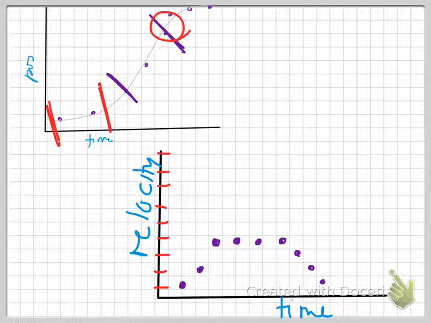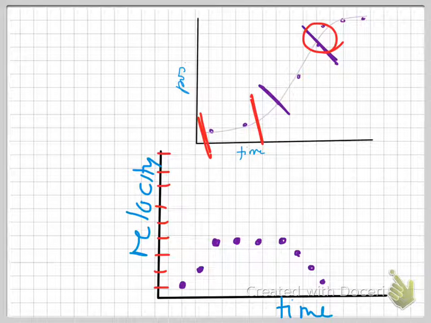Now, if we expanded this graph out, what would the velocity be at that last dot? Last two dots, actually. By golly, it's 0. So roughly the same object, very different looking graphs.